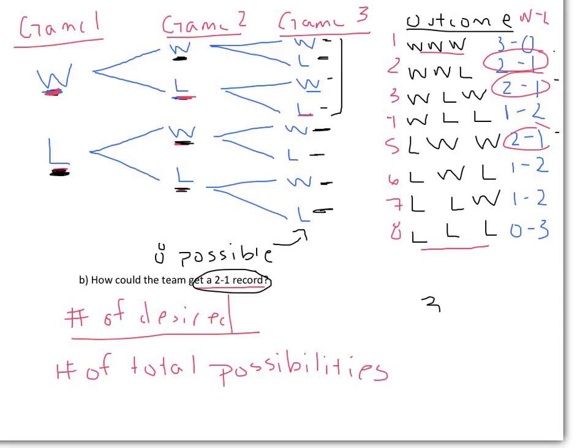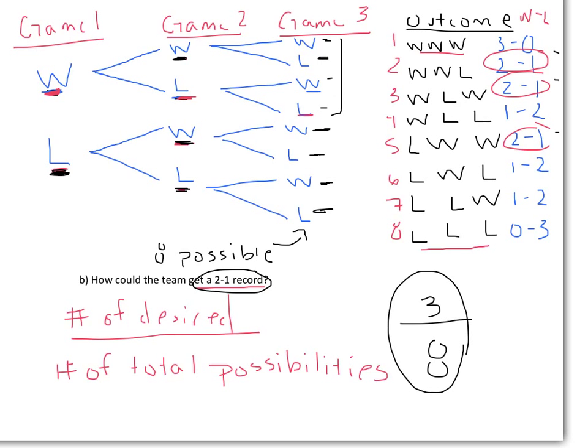So we have 3 ways. And what is the total number of possibilities? There are 8 different ways that the Cavaliers' record can go after playing 3 games. So they have 8 total possibilities. So how could the team get a 2-1 record? They have a 3 in 8 chance.